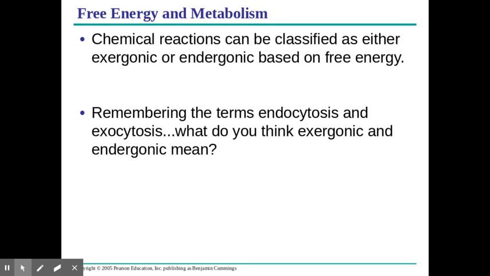Remembering when we learned about endocytosis, which was taking things into a cell, and exocytosis, which was secreting it out of the cell, use those prefixes maybe to try to figure out what exergonic and endergonic mean. Think about that for a second. What does it mean to be exergonic as a reaction versus endergonic as a reaction?